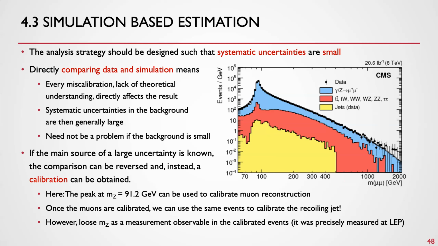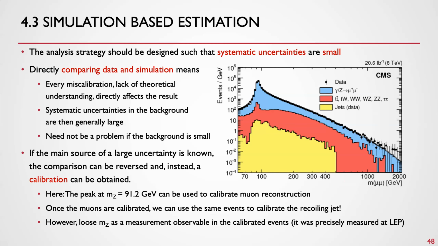Once we have a well reconstructed and calibrated Z boson, we can exploit the transverse momentum sum of the particles in the detector, which is supposed to be 0. The initial protons don't move in the transverse plane, and hence the transverse momentum adds up to 0.